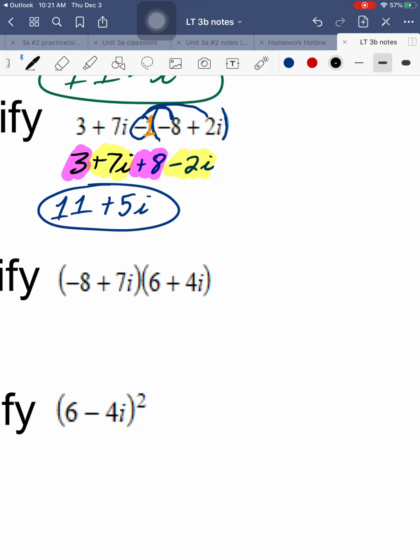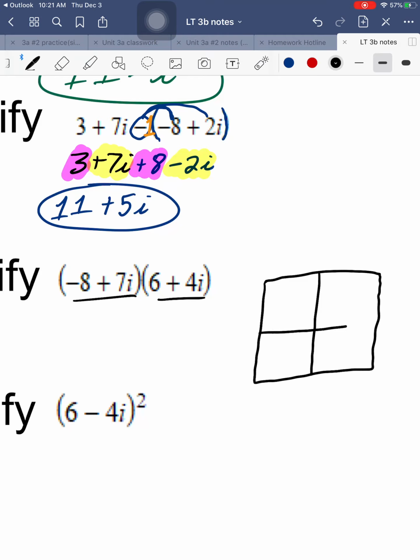So Punnett square, 2 terms times 2 terms. I'm going to do a 2 by 2 square. So you have negative 8 plus 7i and 6 and a positive 4i because it's a plus.